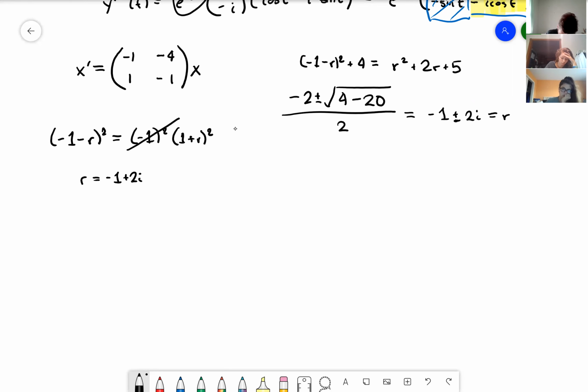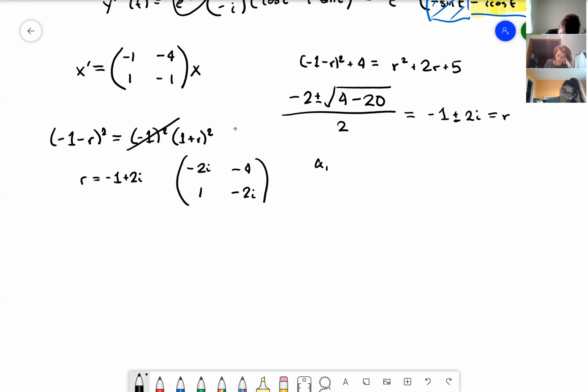We get, well, I'll go ahead and write out the matrix. So -1 minus -1 minus 2i, minus 4, 1 minus 2i. We get the same thing because the entries in the diagonal are the same. And we can kind of convince ourselves that these are linearly dependent.